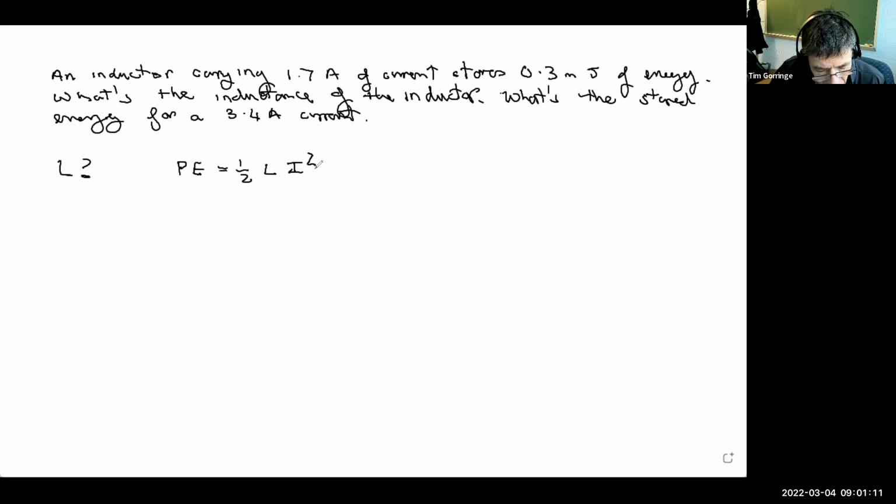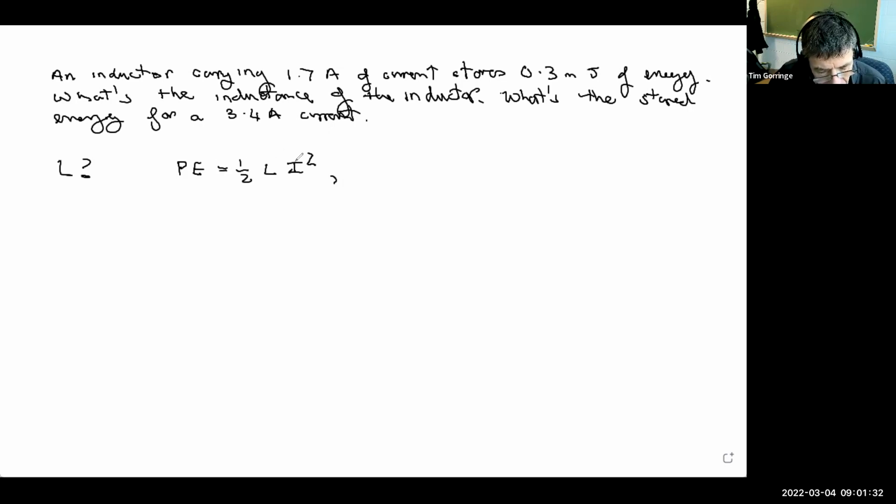And that's represented by this equation here. If you look at that equation, it involves the inductance of the inductor. So for a given current, if the inductance is greater, you're going to store more energy. For a given current, if the inductance is smaller, you'll store less energy.